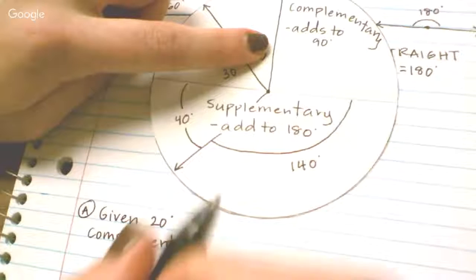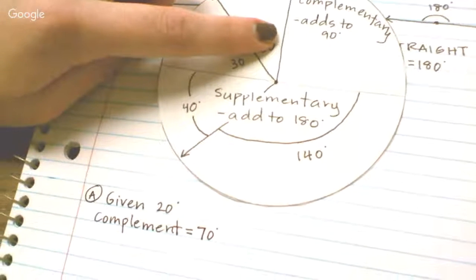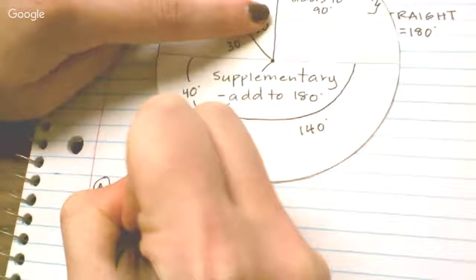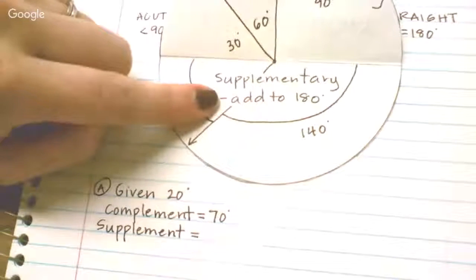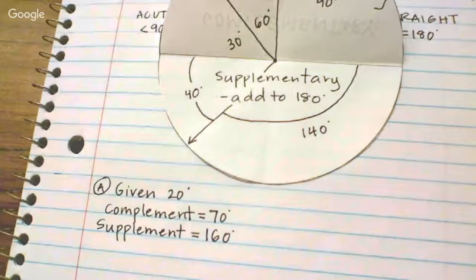So my complement of 20 would be 70. My supplement, these are ones that add to 180, so it would be 160 degrees.